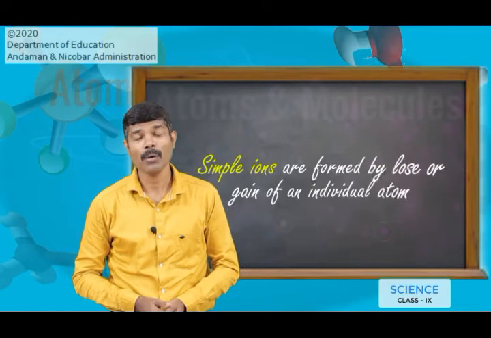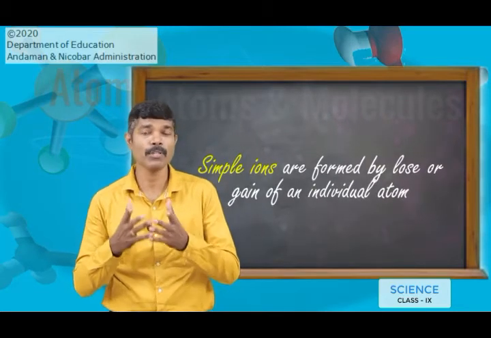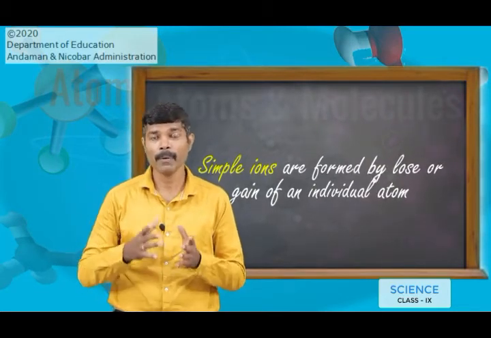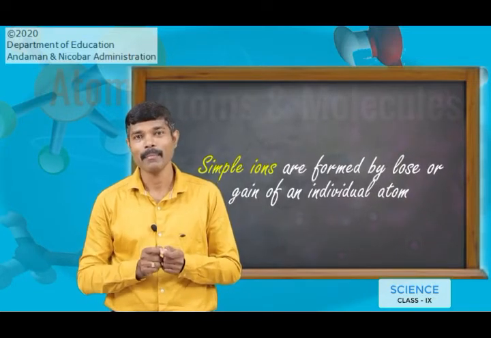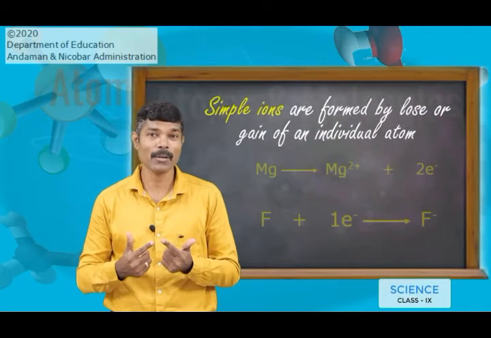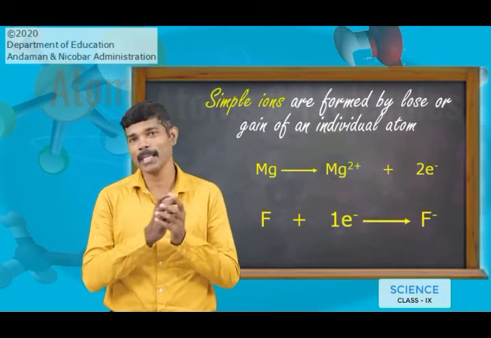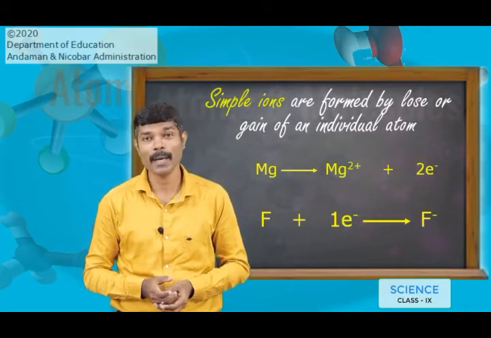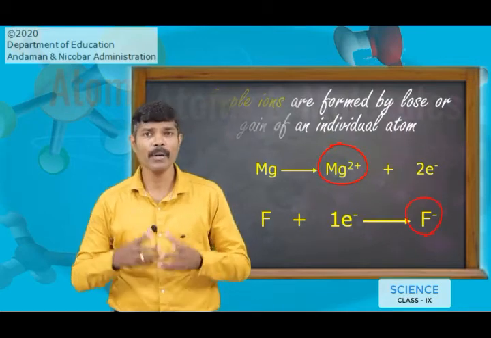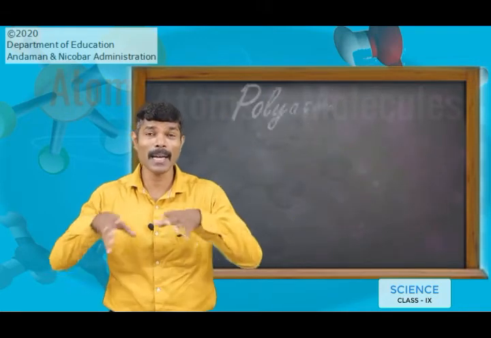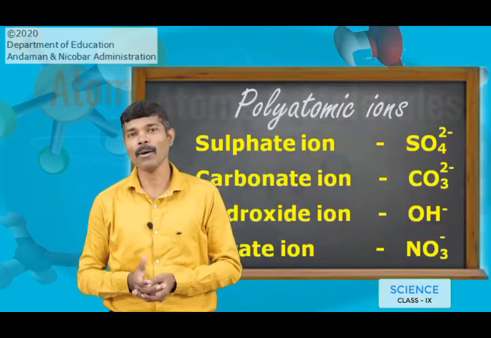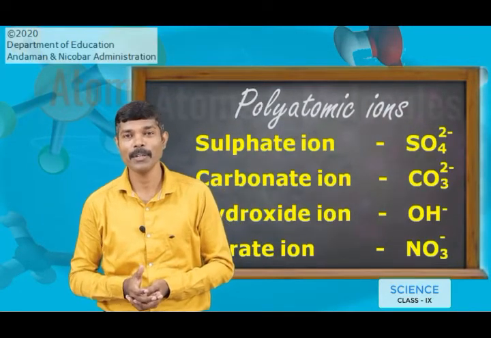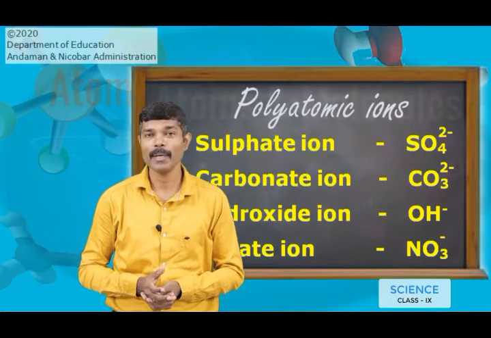Now we will see how to differentiate between the ions formed by an atom and the polyatomic ions. Dear children, if a single atom loses or gains electrons and acquires some charge, we call it a simple ion. Whereas when 2 or more different atoms form a cluster and a charge is acquired on the cluster, we call it a polyatomic ion.